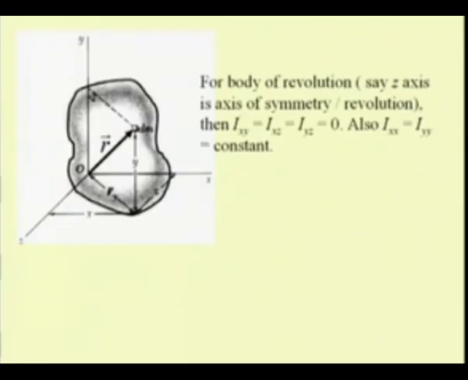Then we have Ixy equal to Ixz equal to Iyz equal to 0, and also Ixx equal to Iyy is constant, because we have the z axis as the axis of symmetry. Ixz and Iyz become 0, and also in the plane xy the body has symmetry, and so Ixy also becomes 0.